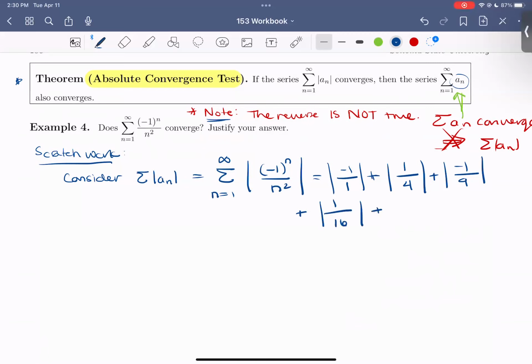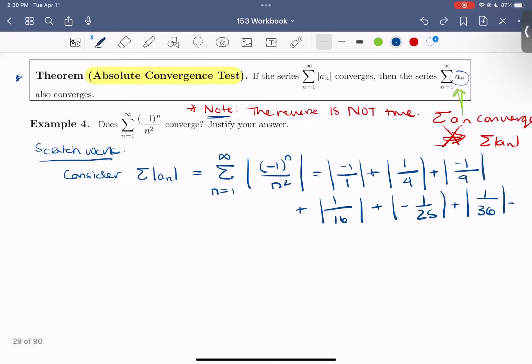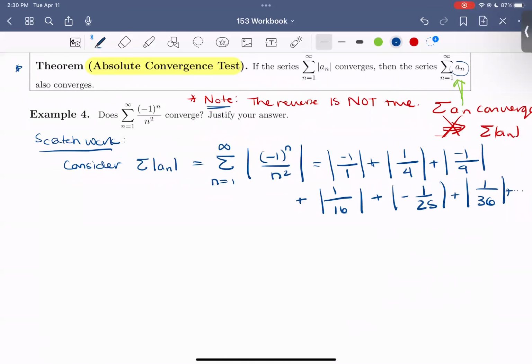We can see that we would alternate like this. Now we'd have negative 1 over 25, then positive 1 over 36, etc. So we can see that this is just the series 1 plus 1 over 4, using absolute value, 1 over 9, plus 1 over 16, dot, dot, dot.